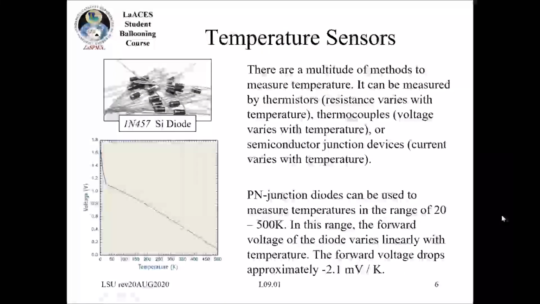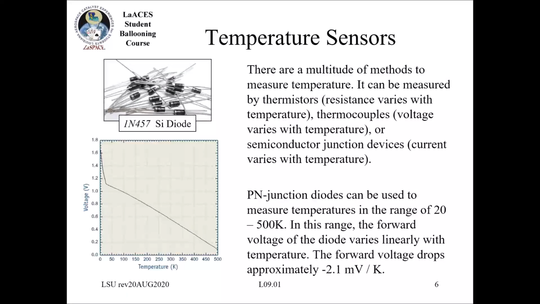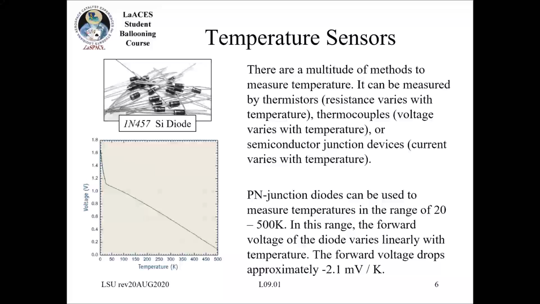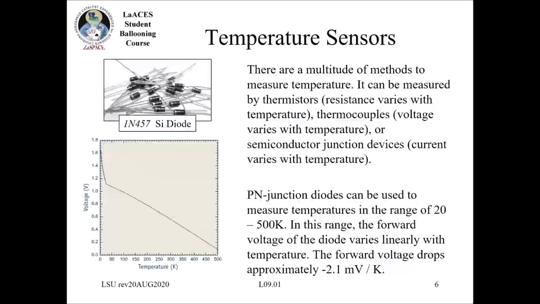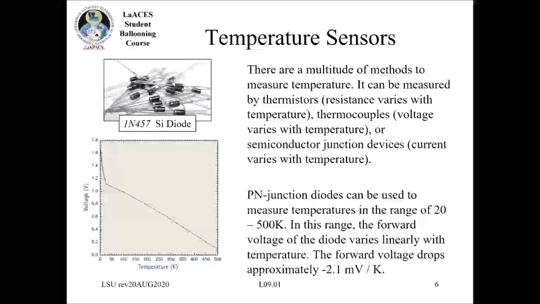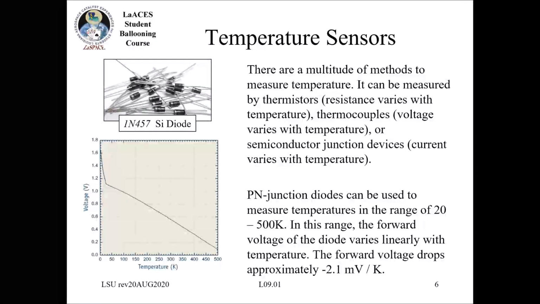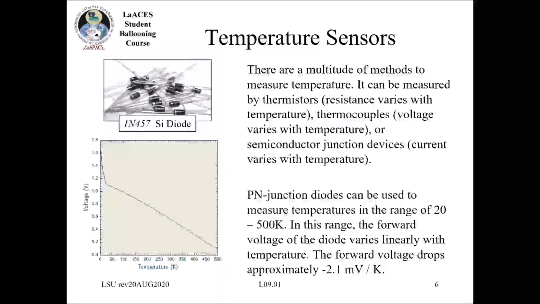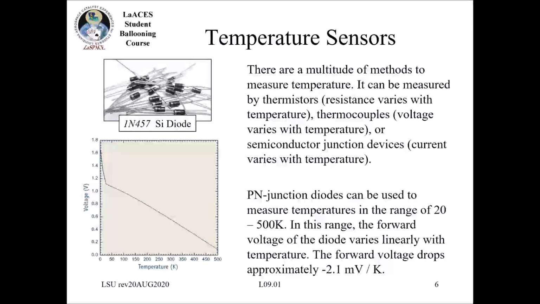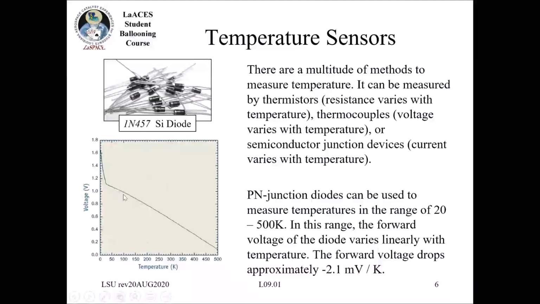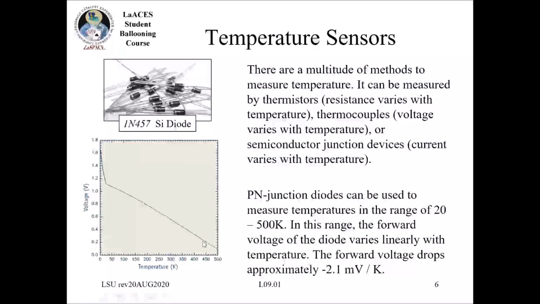The first kind of sensors that I want you guys to be aware of are temperature sensors. You will be using these relatively soon. What we often distribute is a 1N457 silicon diode. Now, this is your basic p-n junction diode, and it actually functions rather well as a temperature sensor. As you can see on the graph to the left here, it actually has a fairly linear relationship with temperature.